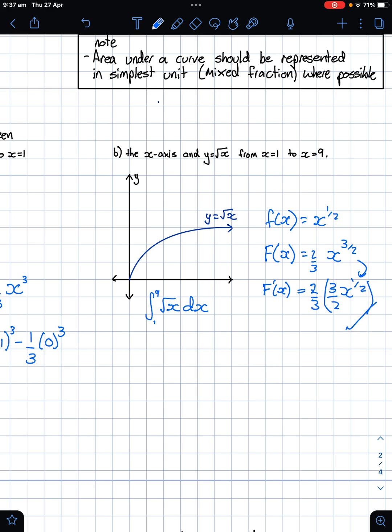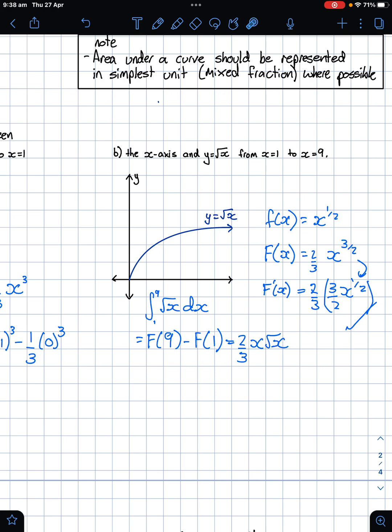Okay, so that means the integral here would equal f of 9 minus f of 1, which means I'm going to have my antiderivative here, which is 2 over 3, and then this is going to be x root x, because of this form here, 3 on 2.